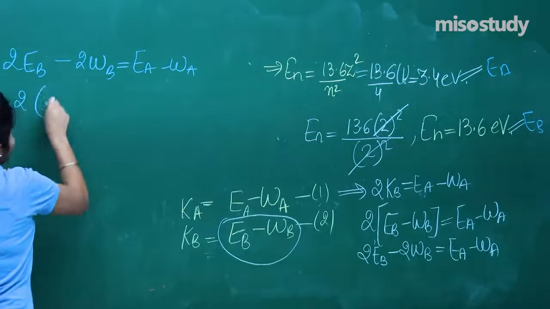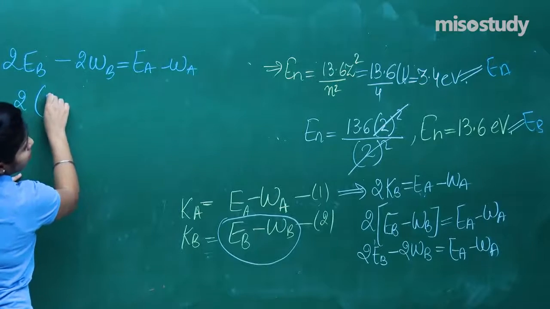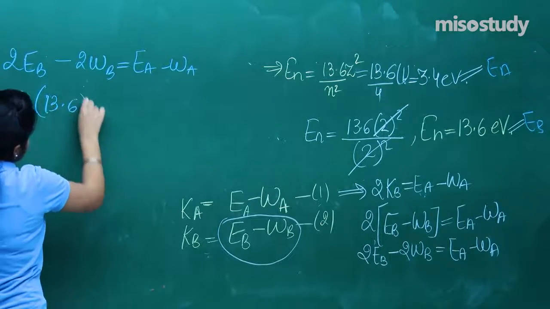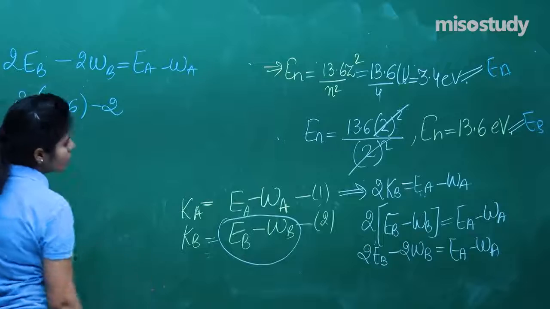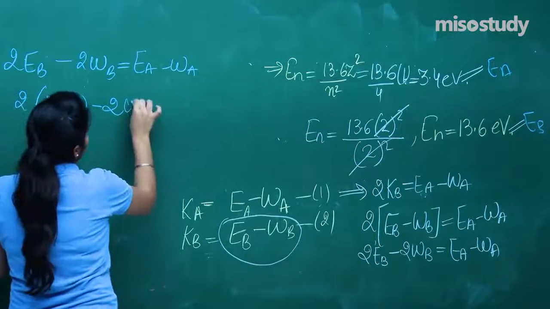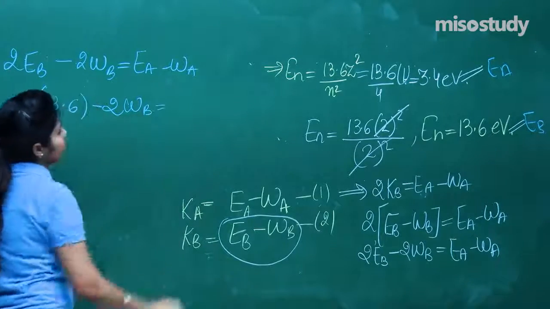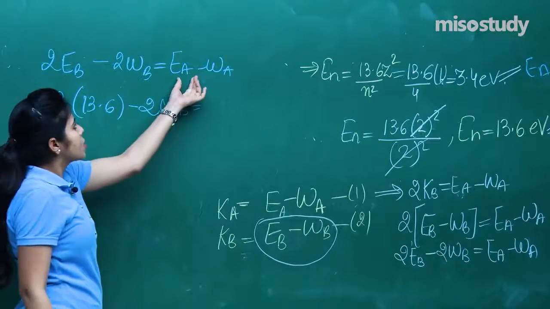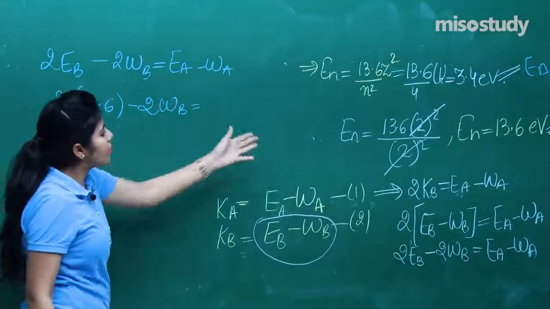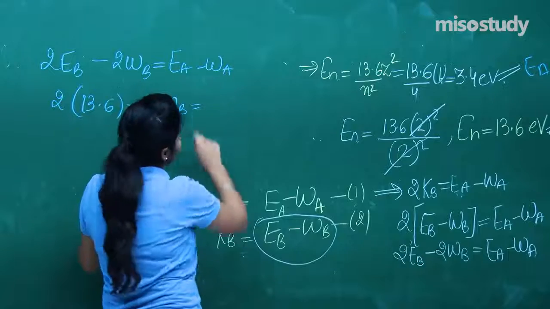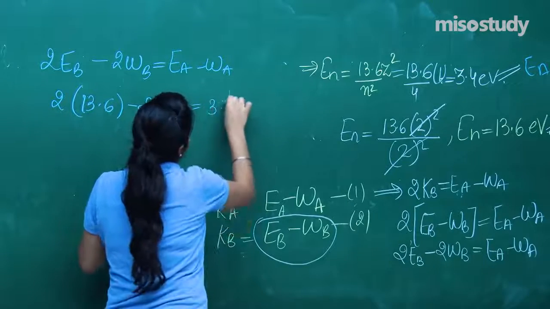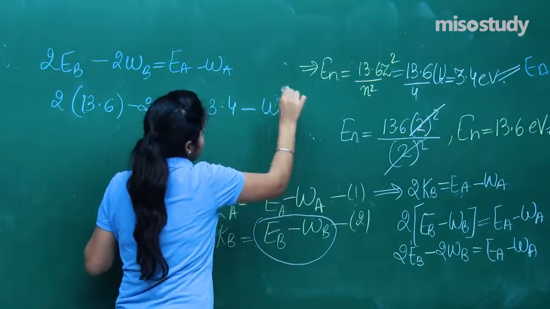Just put these values into this equation and then you will be having 2 into EB. EB is 13.6 minus 2 into WB. We are not knowing about the WB because this is the work function. This is EA. EA is energy of A. This is 3.4 minus WA.